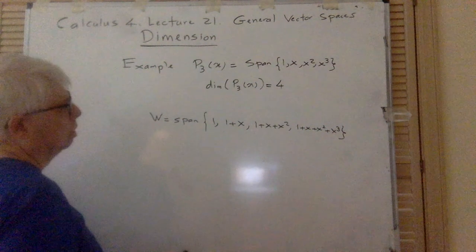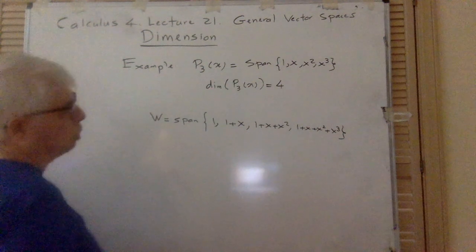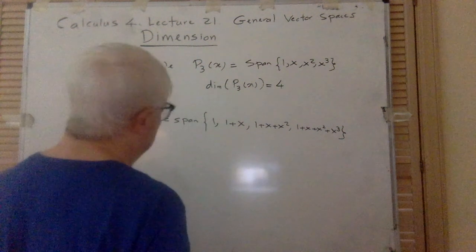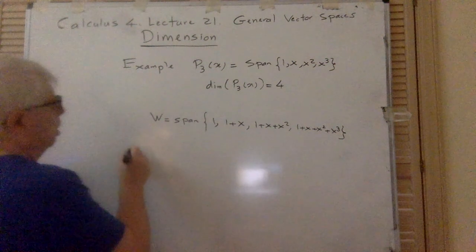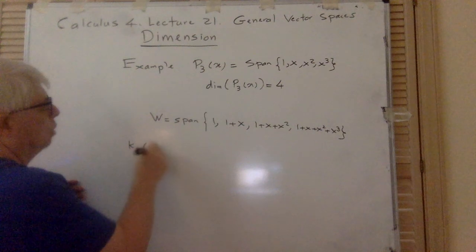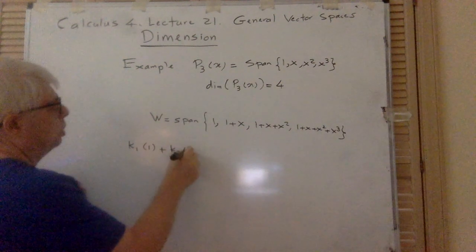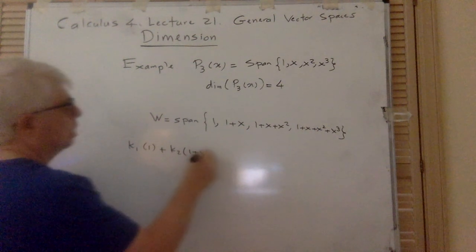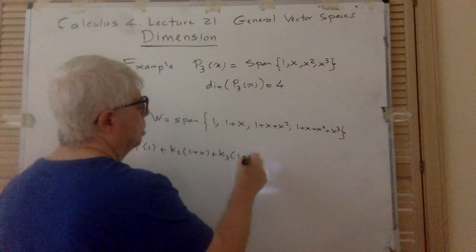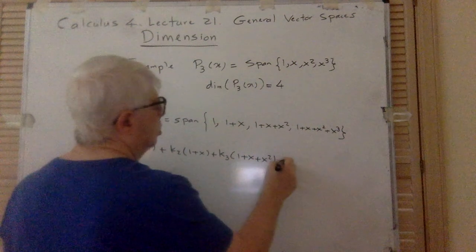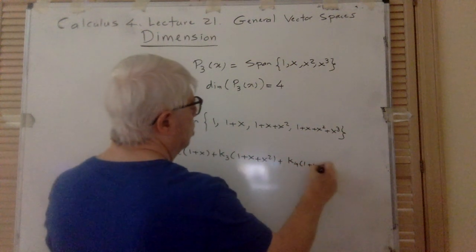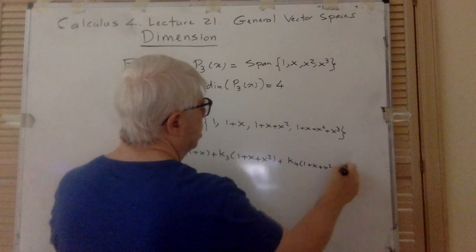Well, the dimension of W is 4. You can check that. You can check and see if they are linearly independent. So let's check. k1 times 1 plus k2 times (1 plus x) plus k3 times (1 plus x squared) plus k4 times (1 plus x squared plus x cubed).